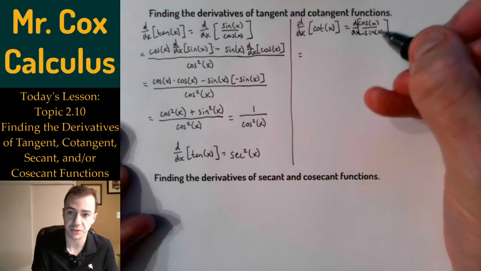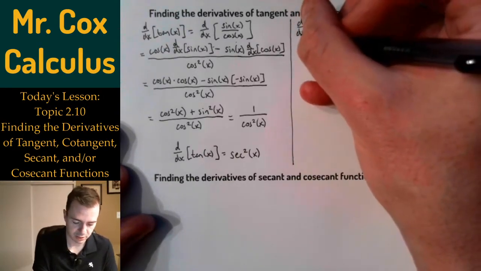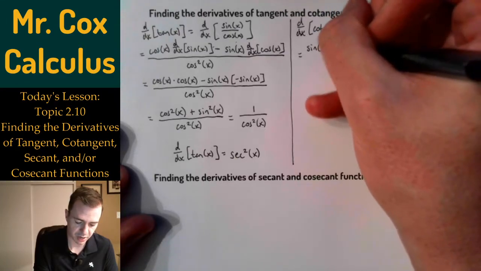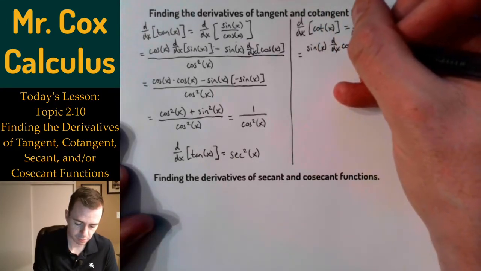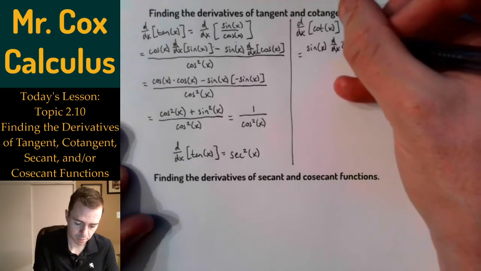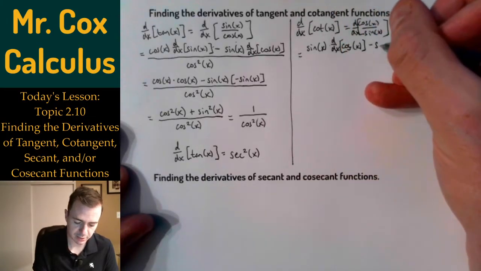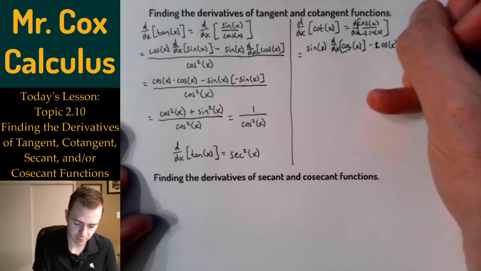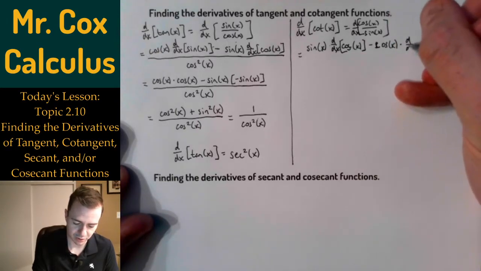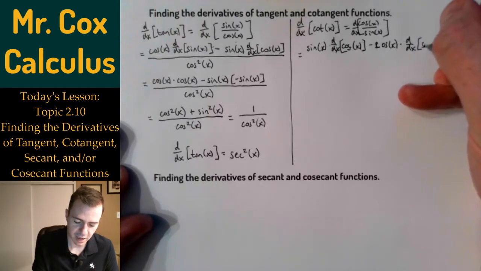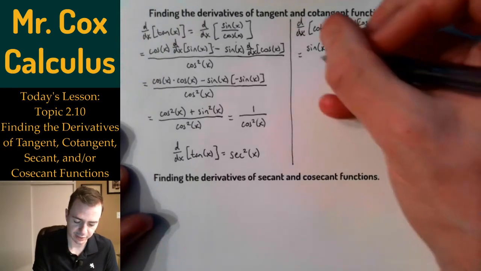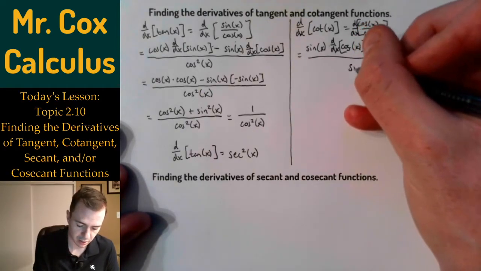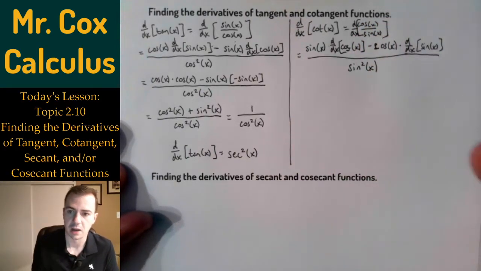Well, this equals, using my quotient rule, sine of x times the derivative of cosine of x minus cosine of x times the derivative of sine of x, and this is all over the denominator squared, which is going to be sine squared of x.